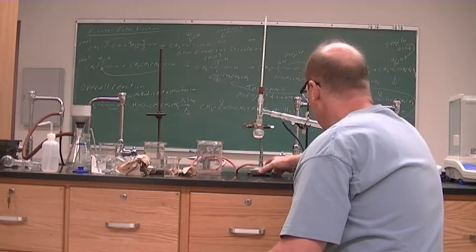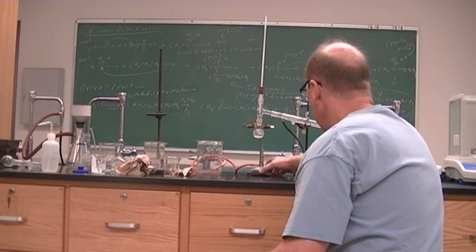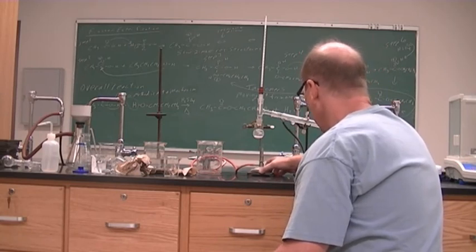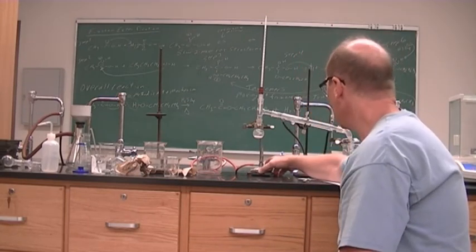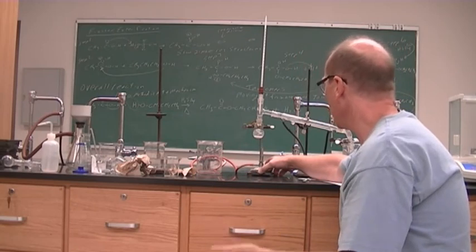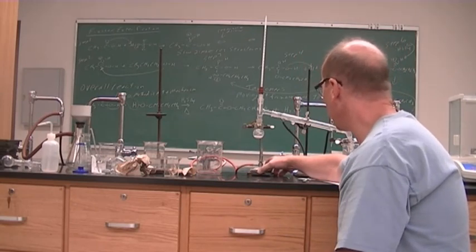Not had a boiling chip. We do have a lot of solid in there, so you get a lot of bumping, and now you're going to probably find out what the term bumping means. With all this solid in there, I think you're going to get a lot of bumping.